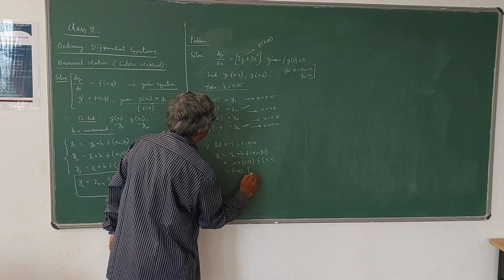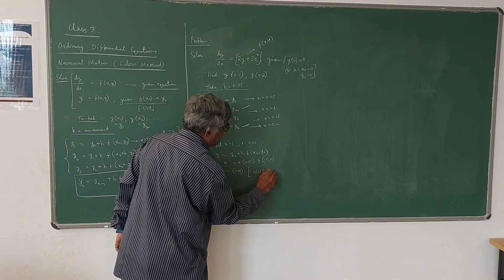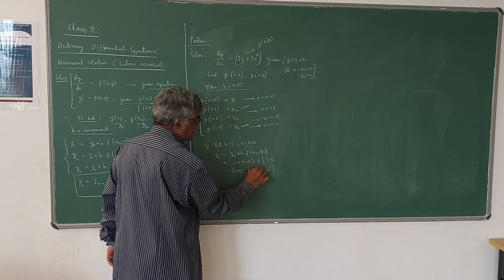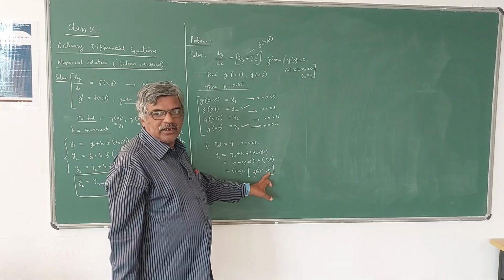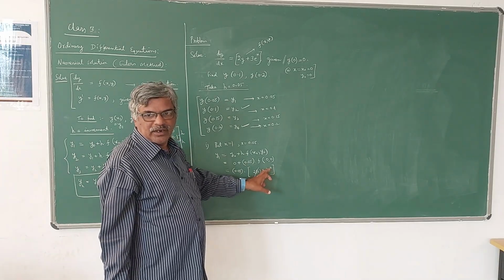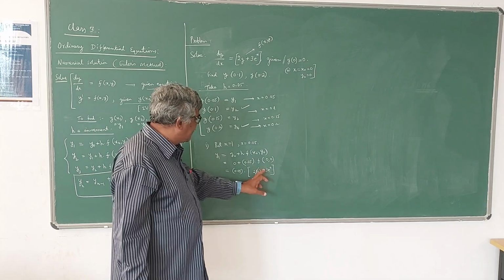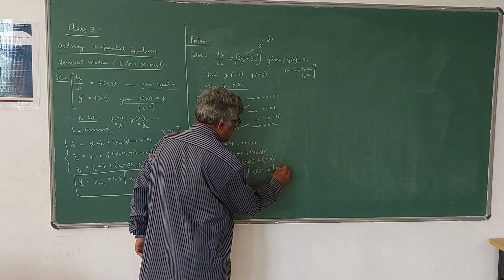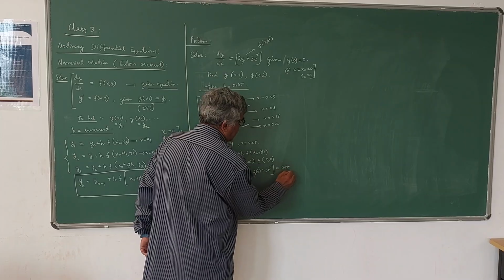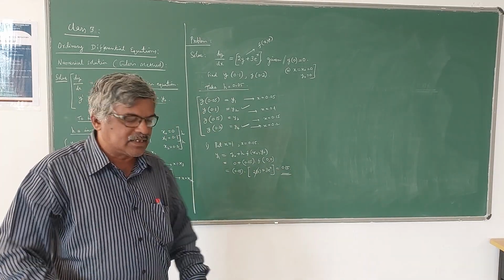That means you are getting 2 into 0 plus 3 into e power 0. Got it? 2 into 0 is 0. E power 0 is 1. Any number to the power 0 is 1. So 1 into 3 is 3. 3 into 0.05 is 0.15. I think this is the answer. Okay? This is the first answer.